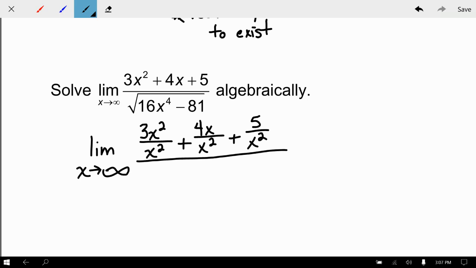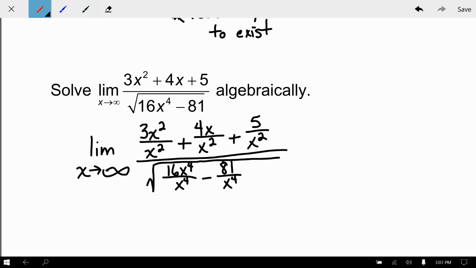It's a little trickier in the denominator because when I multiply by 1 over x squared, if I move that into the square root, that's essentially multiplying by 1 over x to the fourth. So I would have 16x to the fourth over x to the fourth minus 81 over x to the fourth. We're still using these properties to solve this limit.